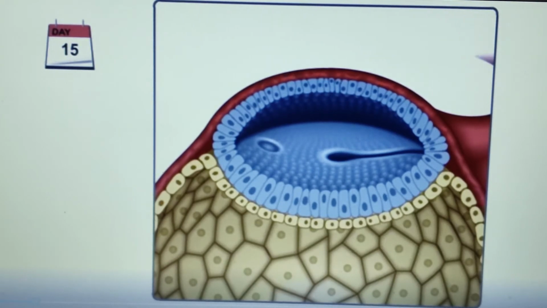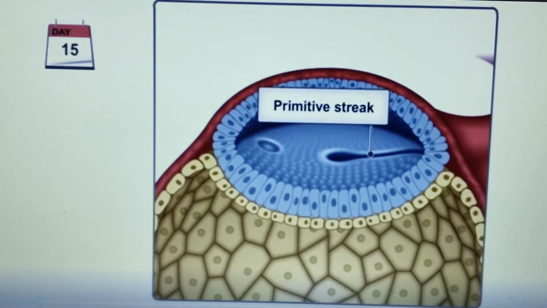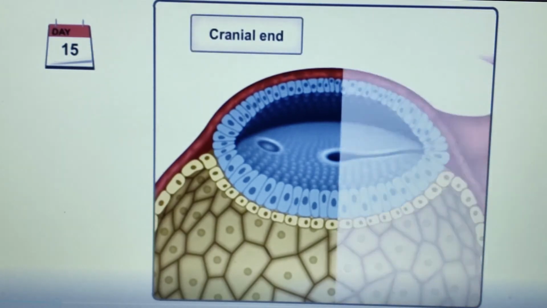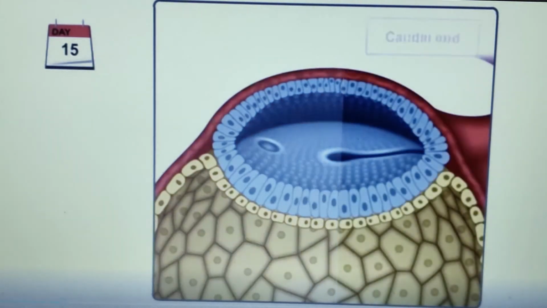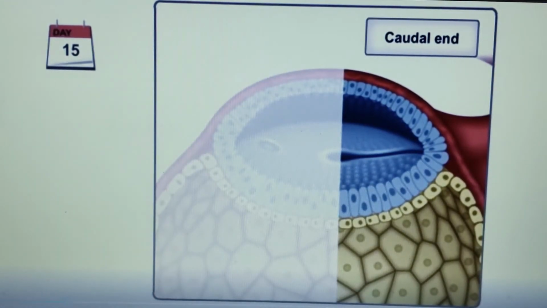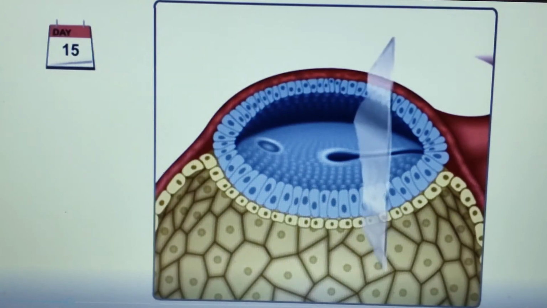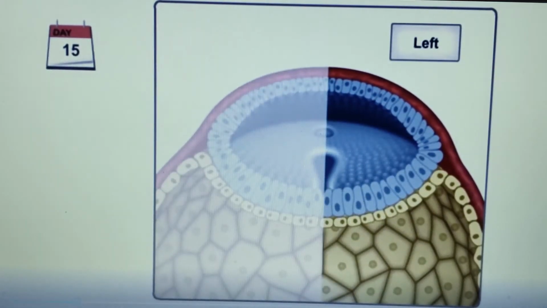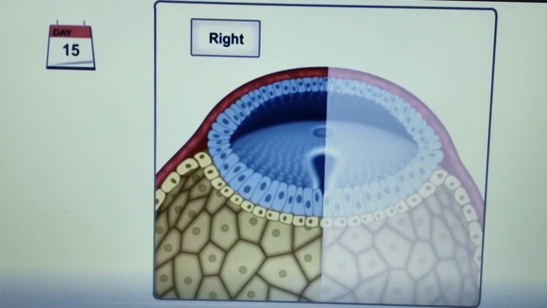The primitive streak defines the major axis of the embryo, such as the cranial or cephalic end towards the head, the caudal end towards the tail, as well as the left and right sides of the embryo.